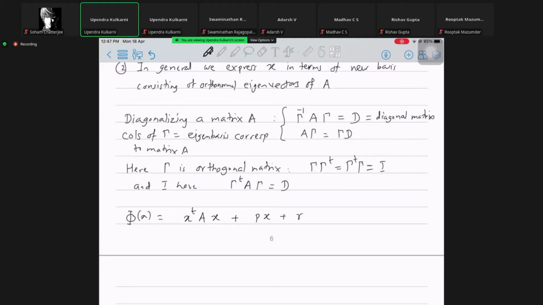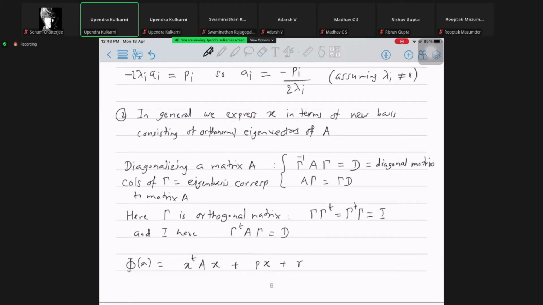All right, so maybe even before this, we should answer this question. So I said we are going to express this X in terms of a new basis consisting of these eigenvectors. And the matrix that these eigenvectors make, when I list them in some order, is gamma. So picture X as a column vector. The entries of that are basically just the coefficients of X when expressed in terms of the standard basis.